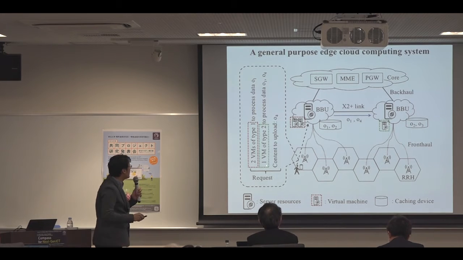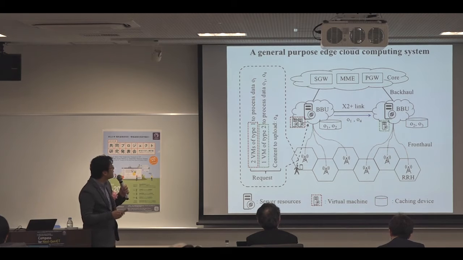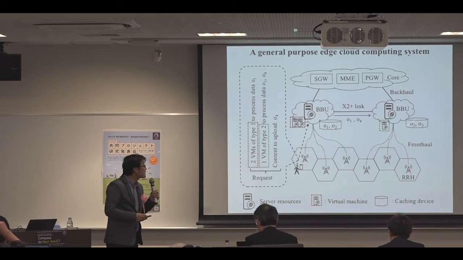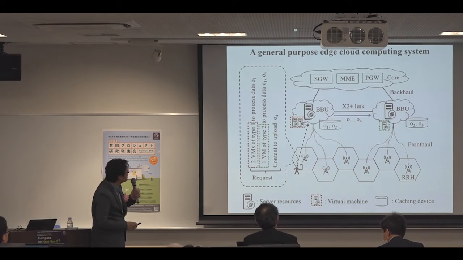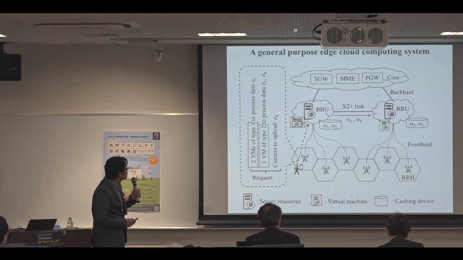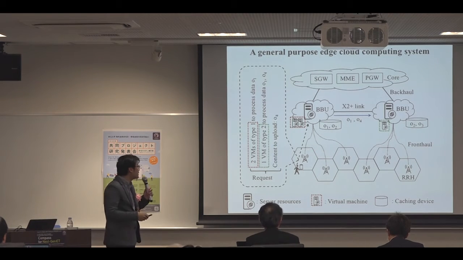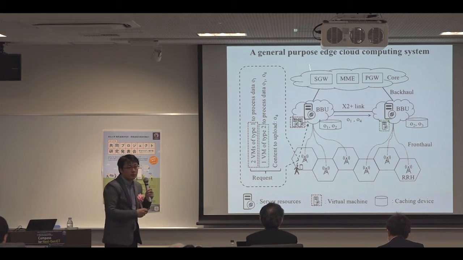In the second line, the user also wants a green type virtual machine to process data 01 and 04. We can see that in the system there is already data 01 located in the cache, but there is no 04. 04 is the original content that the user wants to upload.